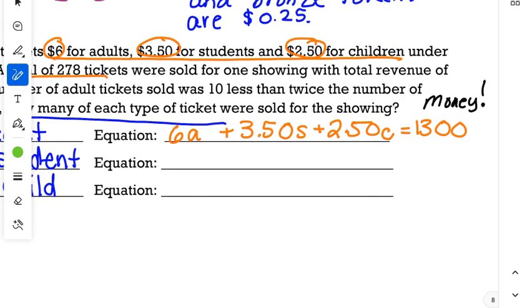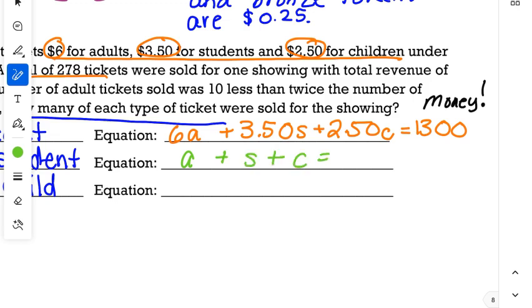Okay, we need another equation that tells us 278 tickets. What adds up to equal the whole 278 tickets? Not money. We're not talking about money anymore. What adds up? Don't overthink it. The number of tickets. How many types of tickets do we have?